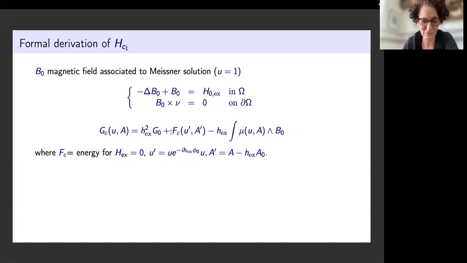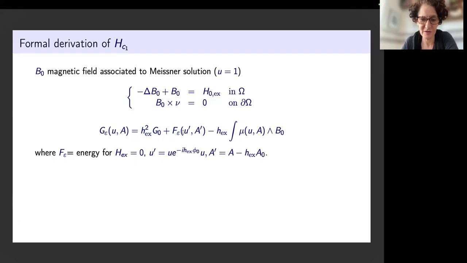Again, don't read it too carefully. And what you find is you can split the energy, and that's really crucial in some sense, between some part that is the energy of this Meissner state, so it's some sort of constant, some new energy, which I will describe, and some coupling between the vorticity and the B_0 field.